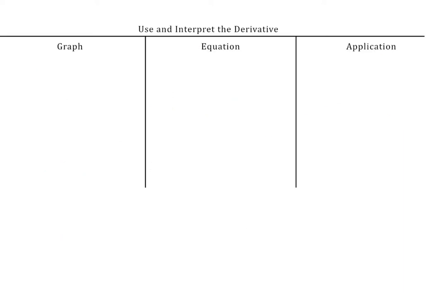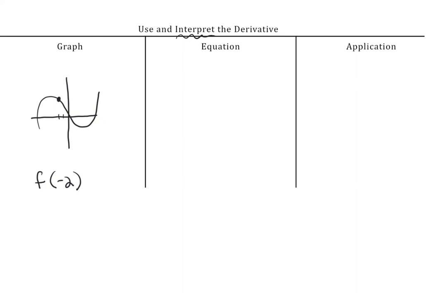Okay, so starting out, we are just going to interpret what a derivative is in an equation, a graph, some application. So first, I'm just going to sketch a graph. It is nothing specific, I just have a curve. And let's say I have f of negative 2. f of negative 2 just means at negative 2, I've got this value.